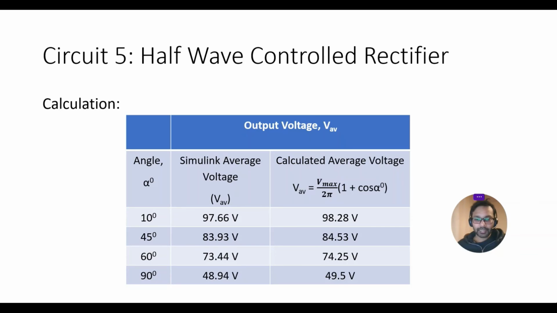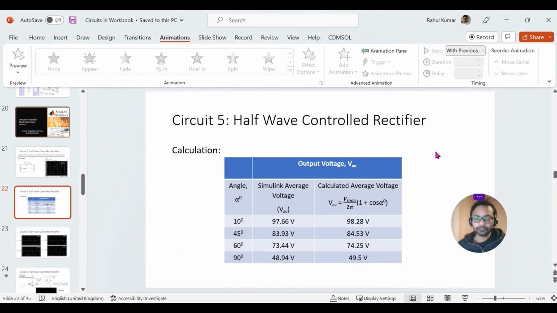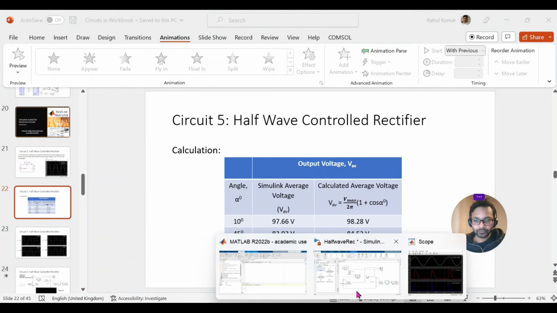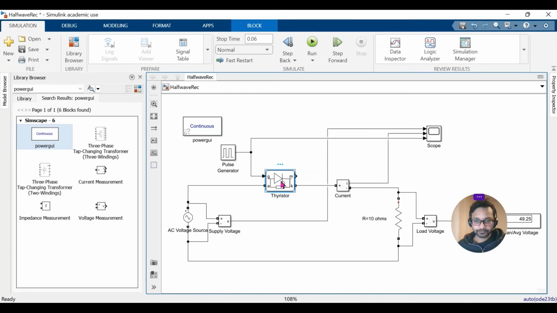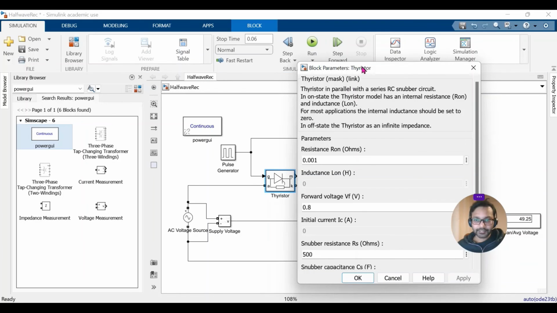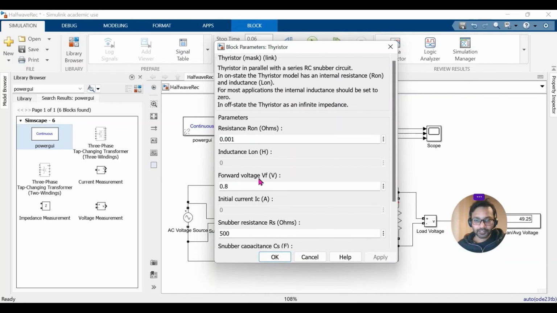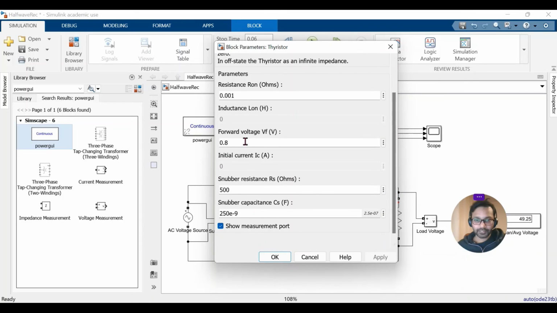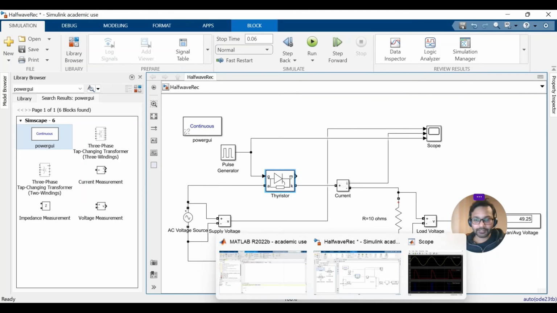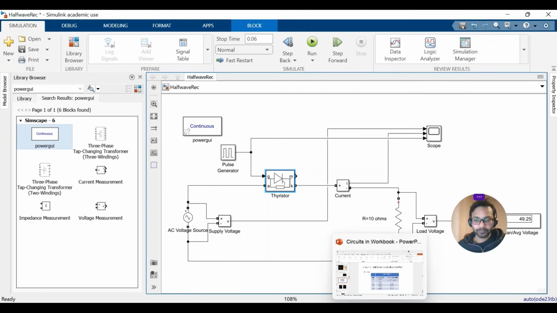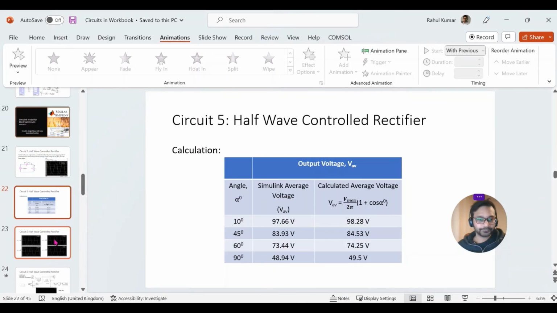This usually happens because of the thyristor. This thyristor has a forward voltage of 0.8, so that's causing a difference in the calculated and the measured value.